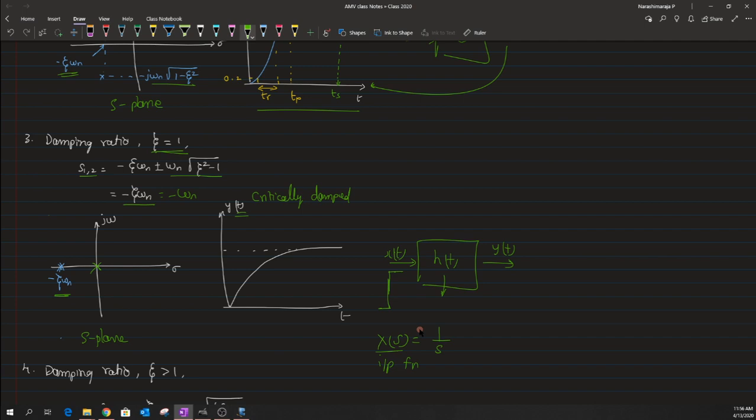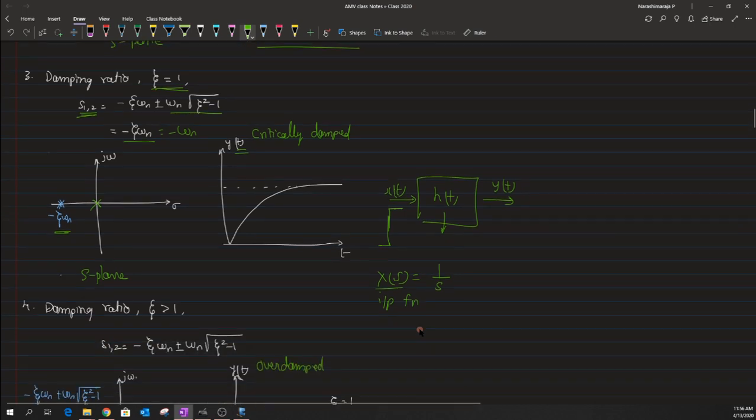So having said that, this is the type of response that we would end up having. And as you could see, there is no peaking or no oscillation that appears in this case, just because we don't have any imaginary term associated with the roots of the characteristic equation of h of t, okay, due to which we never have any sort of oscillation in the output response.